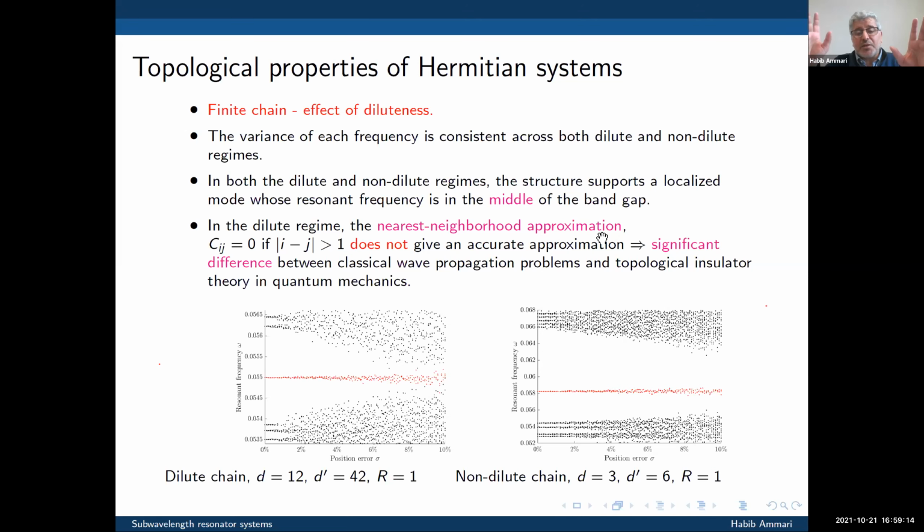So tight binding approximation is basically a dilute approximation, while our capacitance matrix takes into account strong interaction between the resonators. If you have a set of n resonators, our capacitance matrix is taking care of this interaction between the resonators.